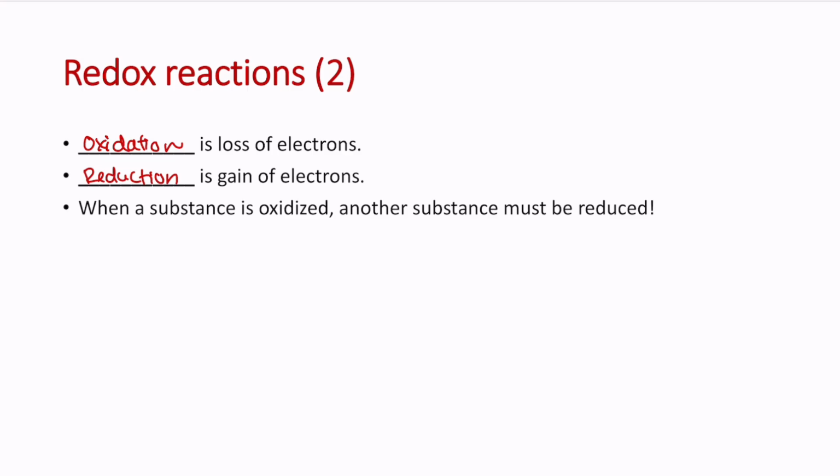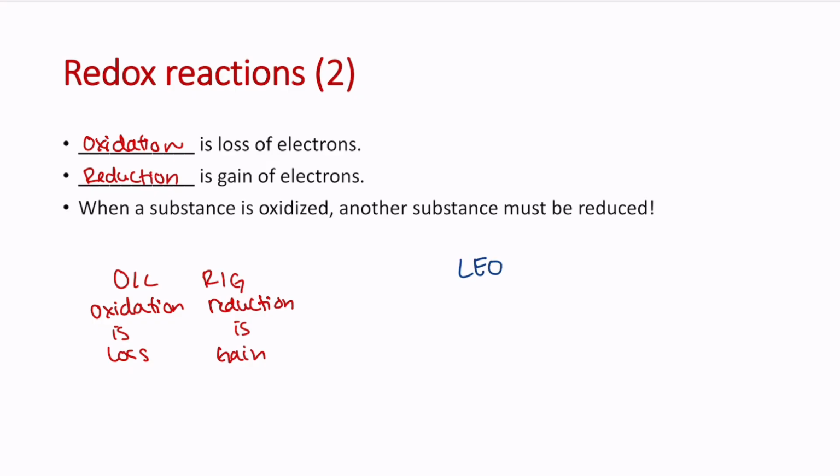So there's a couple different ways you can remember this. We have OIL RIG, where oxidation is loss, and RIG is reduction is gain. Another one that I've seen is LEO says GER, like Leo the lion, if you will.